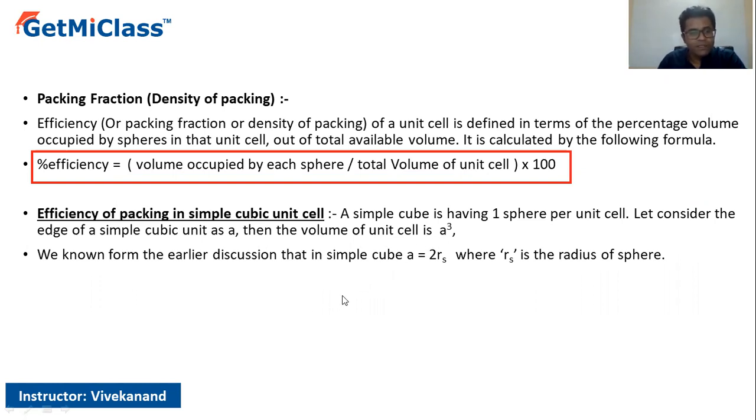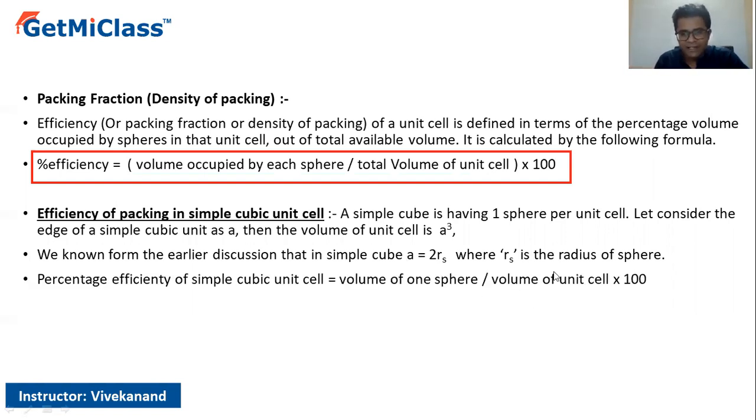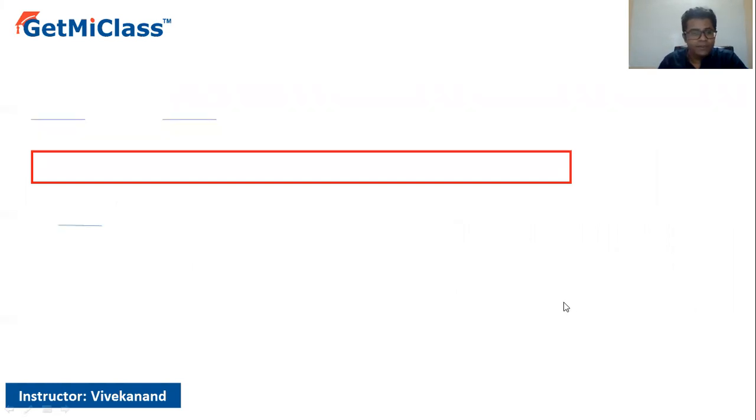We know from the earlier discussion that a is equal to 2 times r, that is, one edge consists of two particles joining, each with a radius of r, where r is the radius of a sphere. The percentage efficiency of a simple cubic unit cell is equal to the volume of one sphere divided by the volume of the unit cell, into 100.